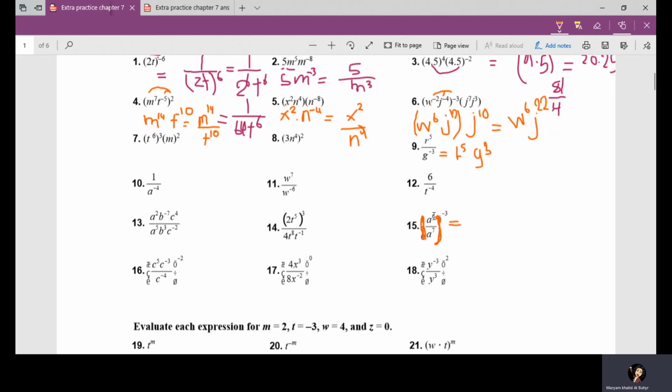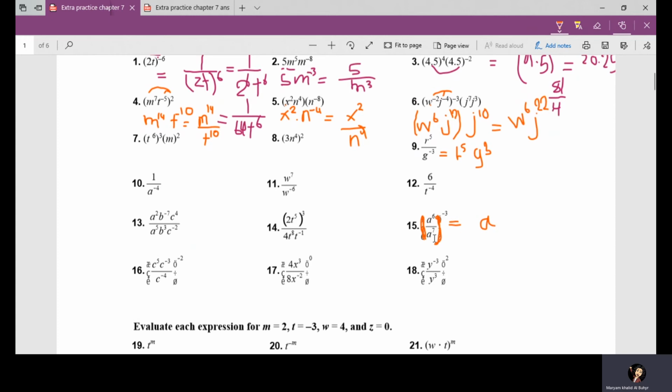So a to the power 6, a to the power 7. Here there are two ways. You can subtract these powers first, since they have the same base, then distribute your power, or you can just directly distribute your power, and because it's negative, you will flip. Let's subtract these two powers first, then do a to the power.